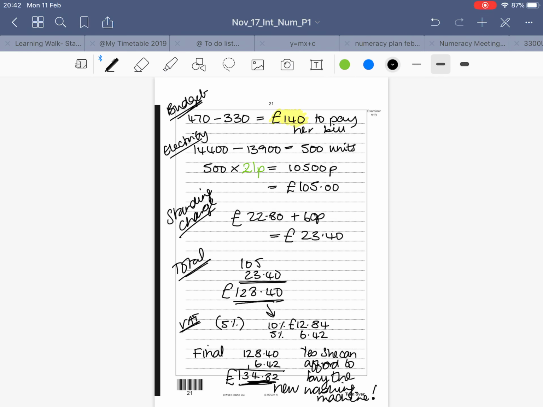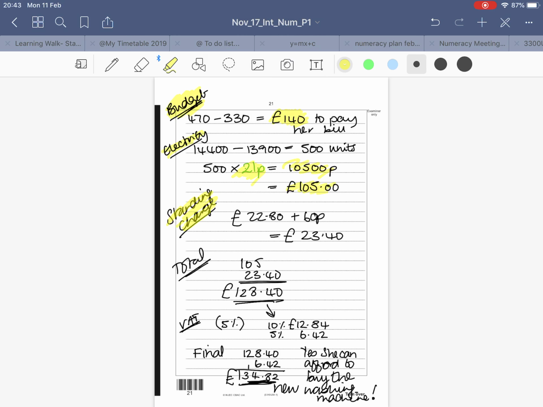But that whole page isn't very difficult maths, there's just a lot of it. So that 9-mark question does need another look. We have, at the beginning, the budget. Take out the price of the washing machine, we know she's got £140 left to pay a bill. Work out the electricity, working with the 21 pence per unit, changing from pennies to pounds.